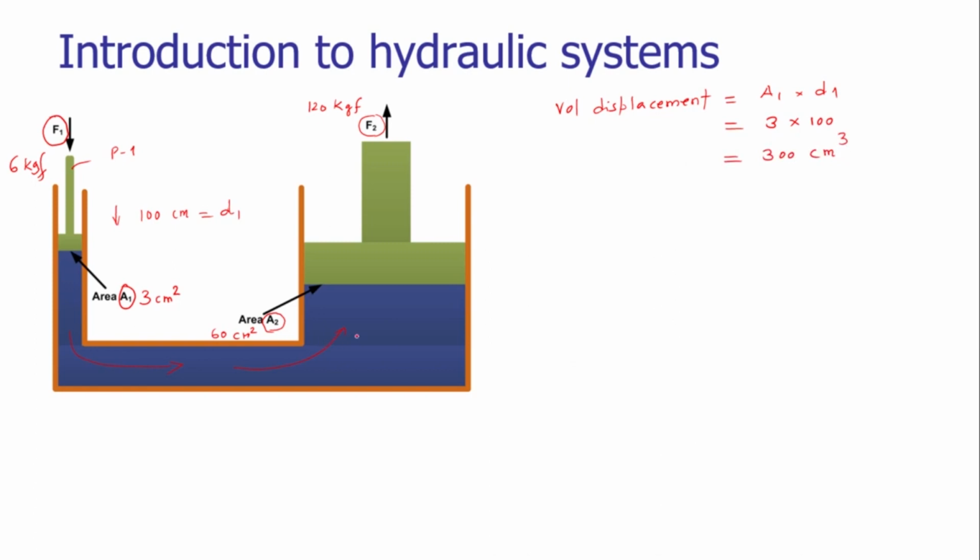So this volume will be applied on the right side of the system, and due to the displacement of this volume there would be lifting of the force F2. There would be displacement of the piston at part 2.